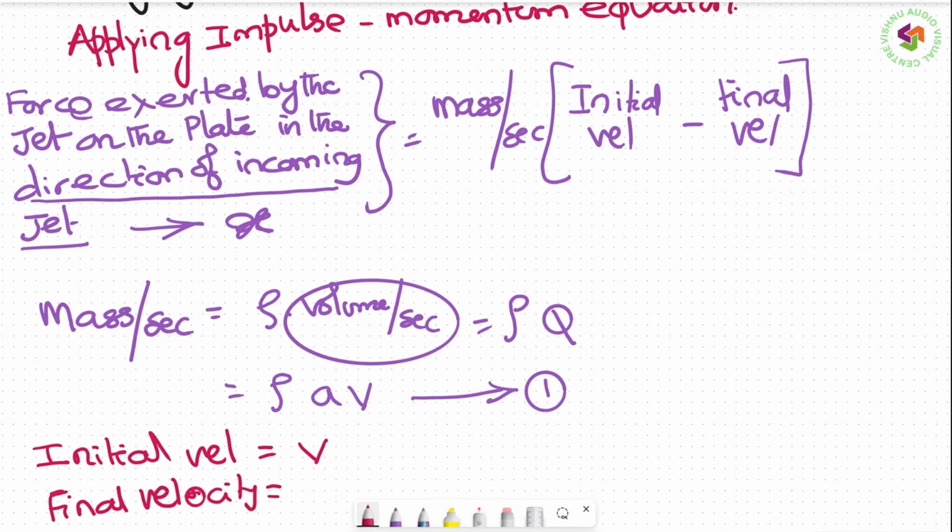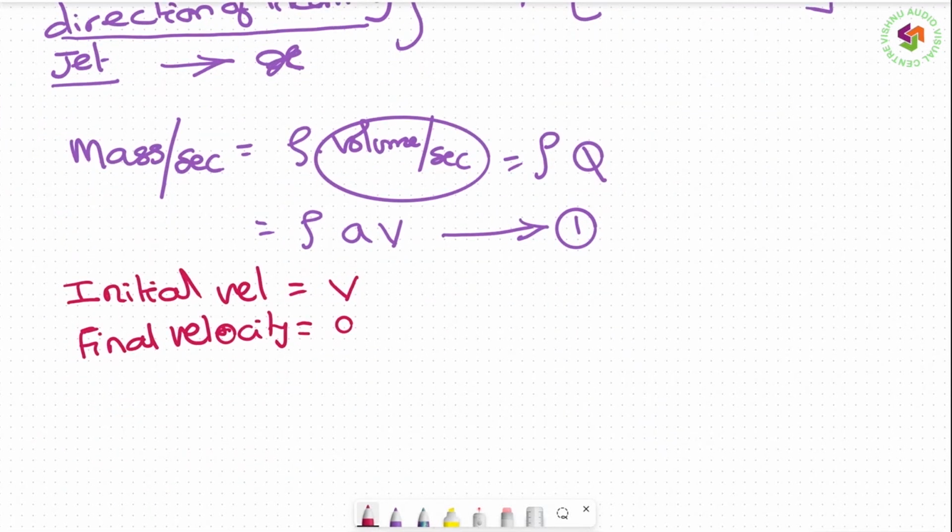What is the final velocity? The final velocity here is important because the jet, after striking, is not in the x direction; it leaves parallel to the plate. So what is the velocity in the direction of incoming jet? In the x direction, the final velocity is equal to 0, because the jet is no longer in the x direction, it is leaving tangentially.